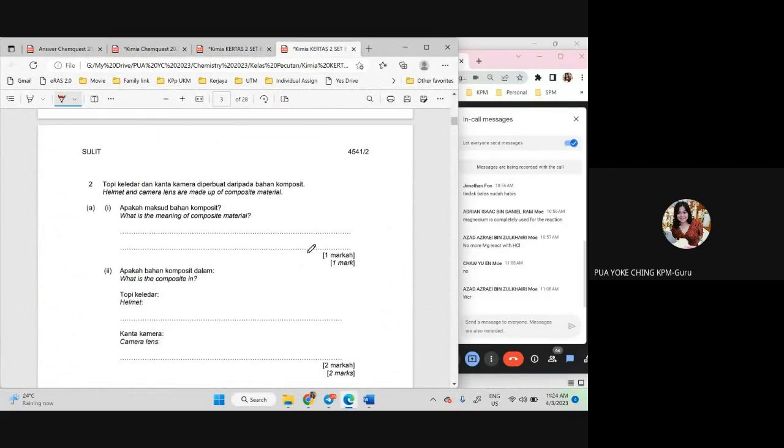Okay, this is chapter 8, Form 4. So first of all, you learn alloy, then you learn glass, and then you learn ceramic, and then you learn composite material.